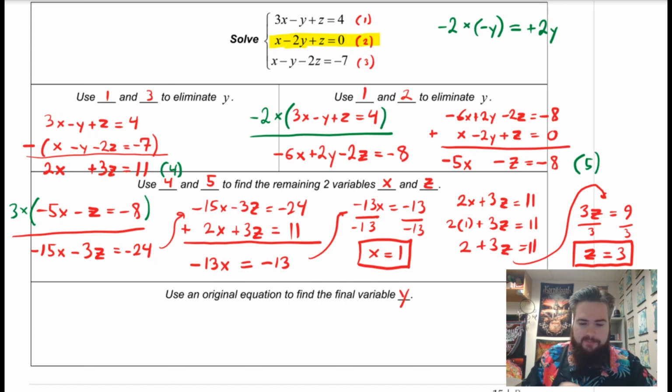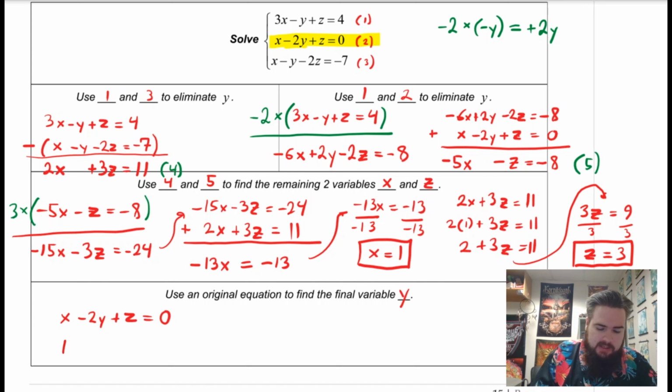I like working with 0. So I'll take that second equation, x minus 2y plus z equal to 0. I will plug both 1 and 3 into x and z respectively. So 1 minus 2y plus 3 equal to 0.